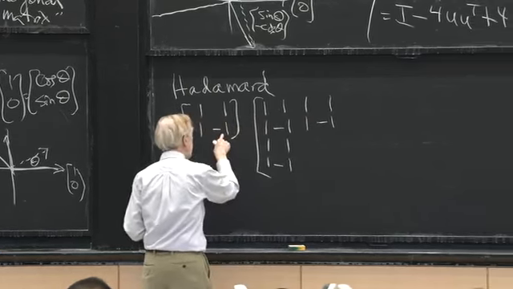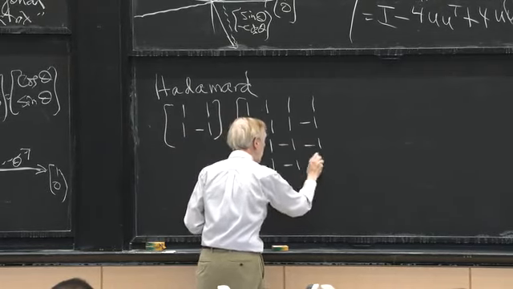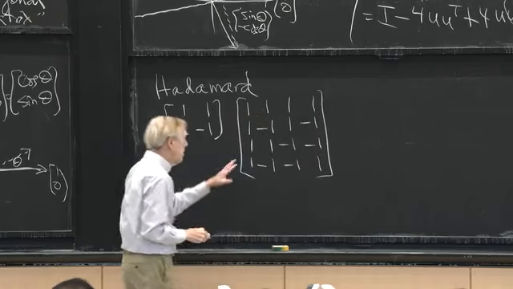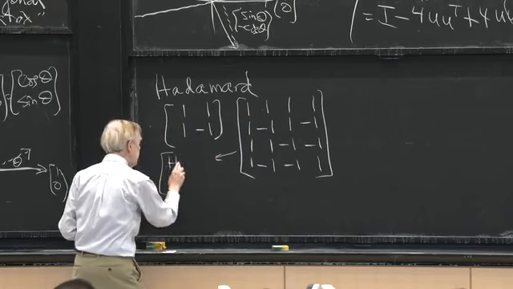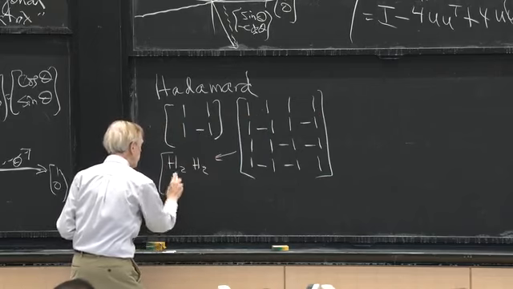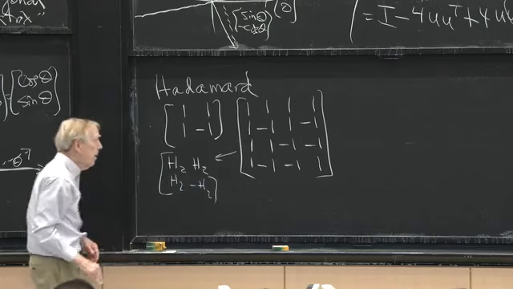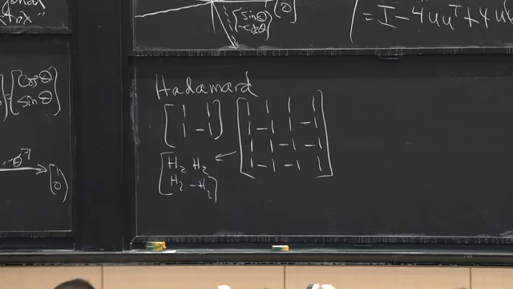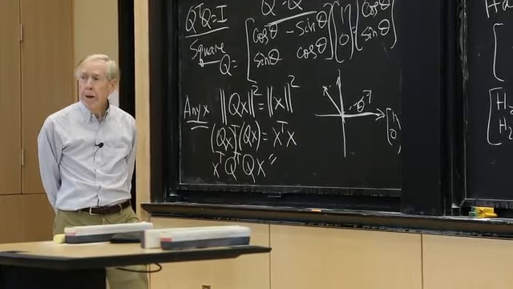And when I see a minus, I'm going to put it in with a minus. You saw that picture? It was a picture of H2, H2, H2, and minus H2. That's what I've got there. And I believe those columns are orthogonal. Right?